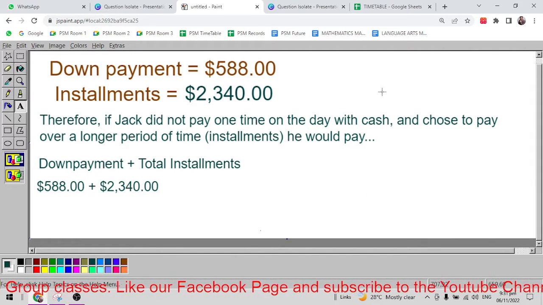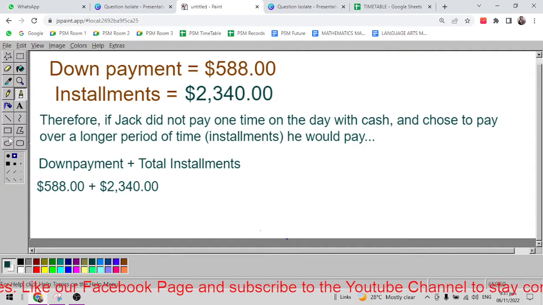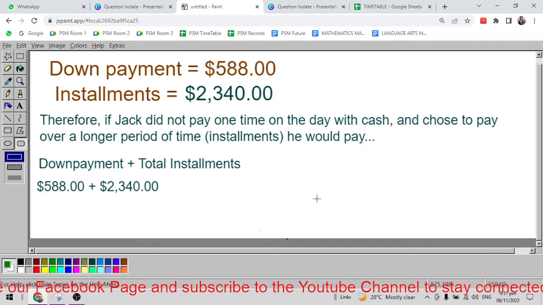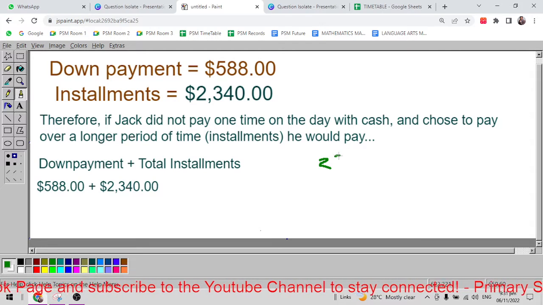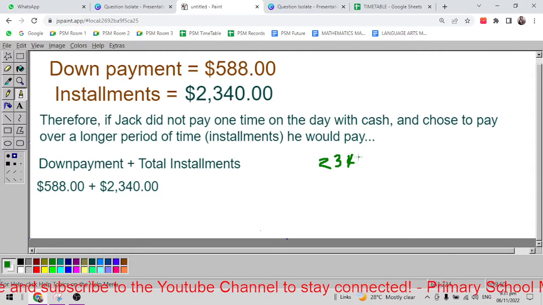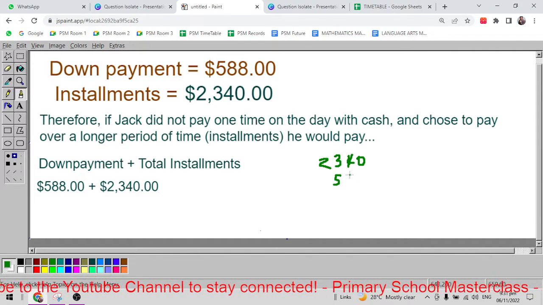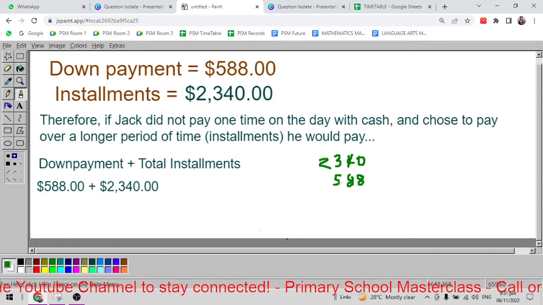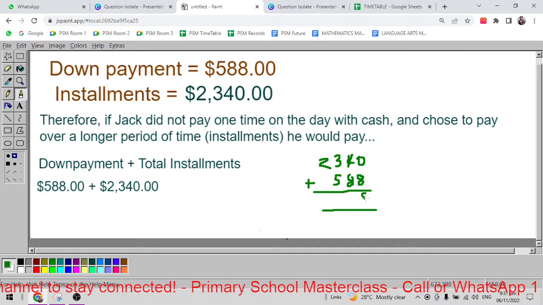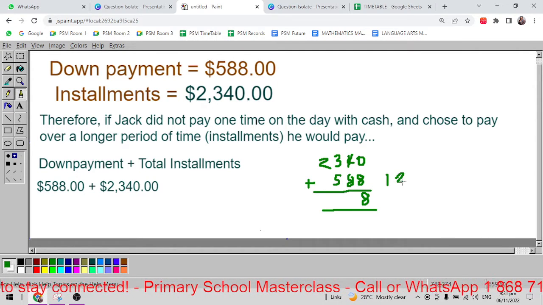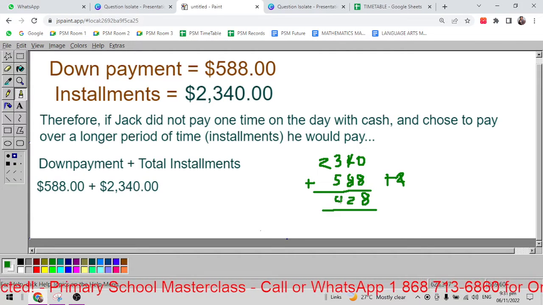All right, that would work out to be what? Let's work that out. Let's go in green. I put the bigger number on top: 2,340 plus 588. 0 and 8 is 8. 4 and 8 is 12. 5 and 3 is 8, and 1 is 9.